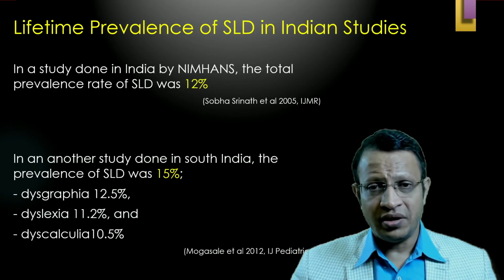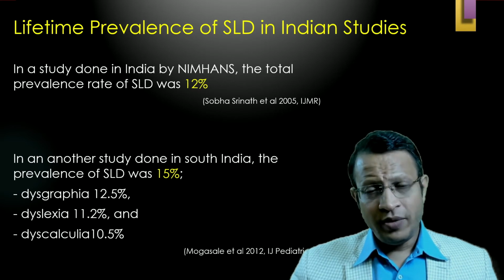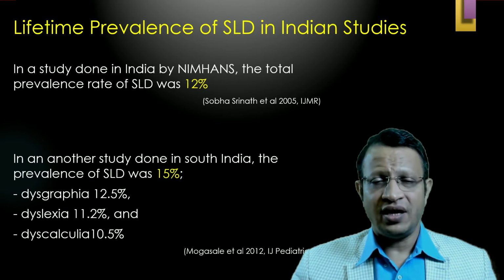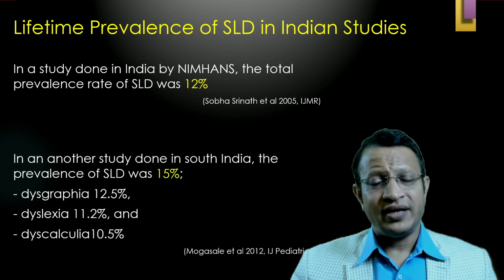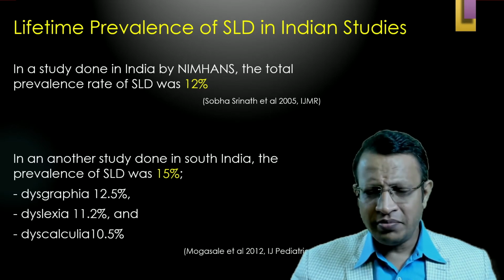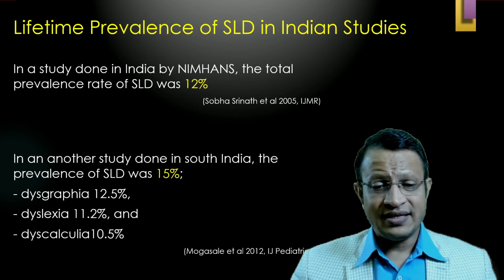That is a huge number. If you look at the Indian studies, a very important study was done by NIMHANS, by Professor Shobha Srinath. The total prevalence rate of SLD was 12% in Indian population. It's not a small number. In another study done in South India, published in 2012, the SLD rates were 15%.